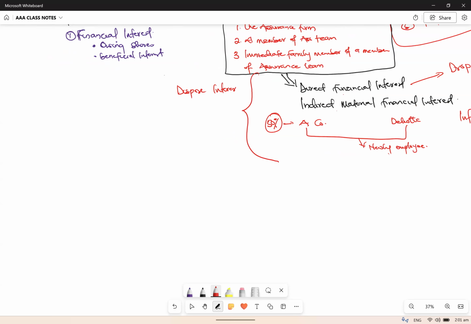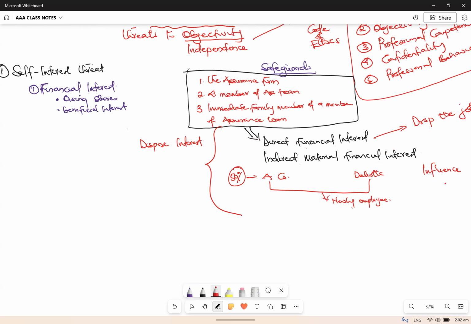But we are talking about a situation whereby he is not the one owning the interest. So here we look at influence. If the influence of the person is not there like that, then that is that. But if the influence is huge, then there has to be a disposal of the interest. That is what we are talking about.